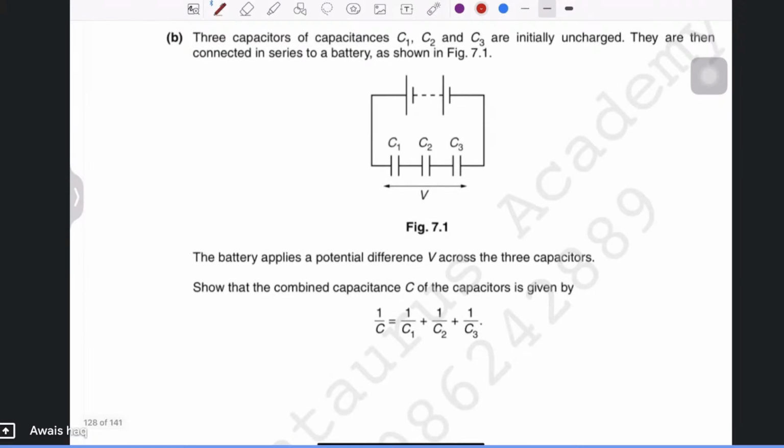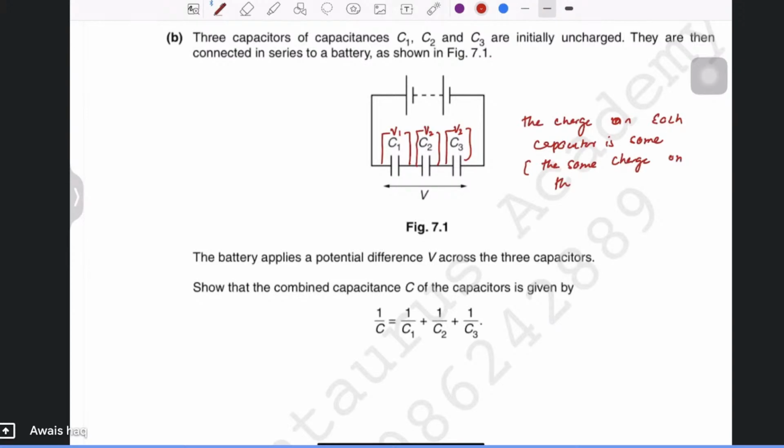When you put capacitors in series, you need to understand that each one will get voltage differently, which means in series you should remember that the charge on each capacitor is the same, and it is basically the same charge on the smallest capacitor.